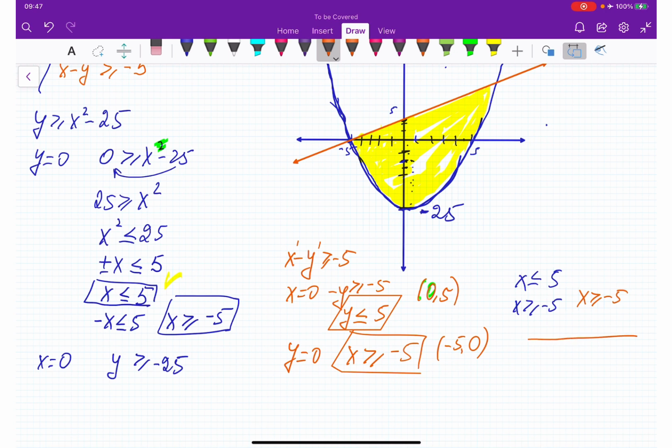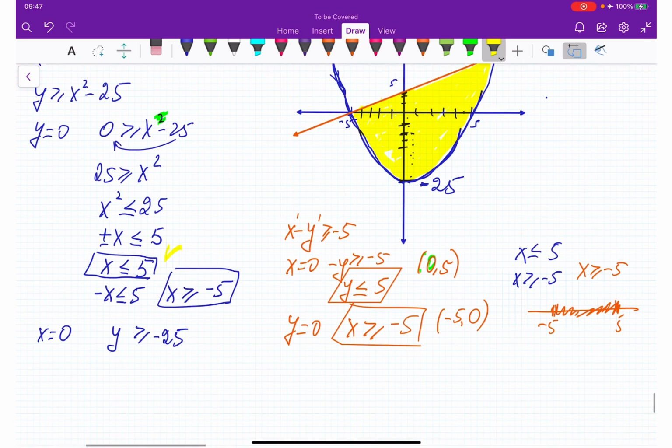So this is negative 5, this is positive 5, so greater than negative 5 and less than 5, so it's going to be limited between. And the same way right here on the graph, greater than negative 5 and less than positive 5. That's another way also to shade.